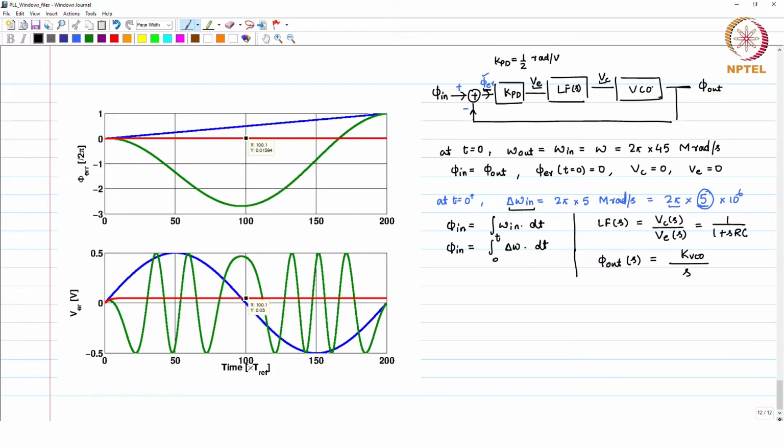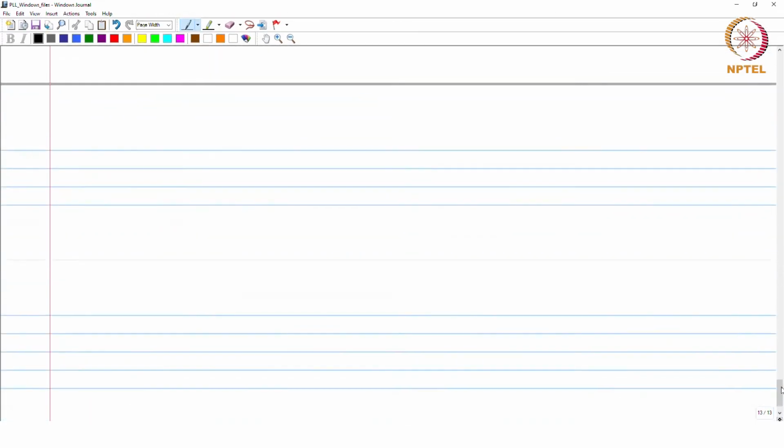So, you can analyze this block using the linear gain model. So, we will do it one by one. So, let us find out from phi in to phi out what is the gain in the closed loop. I will draw the small loop gain model of this.